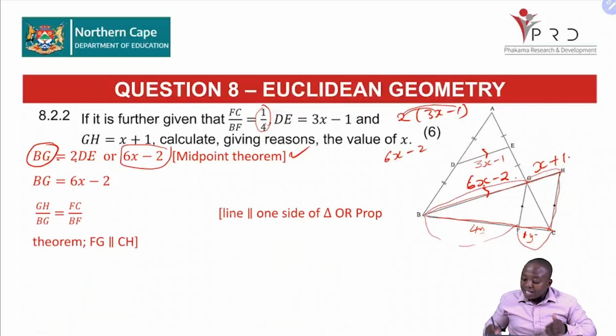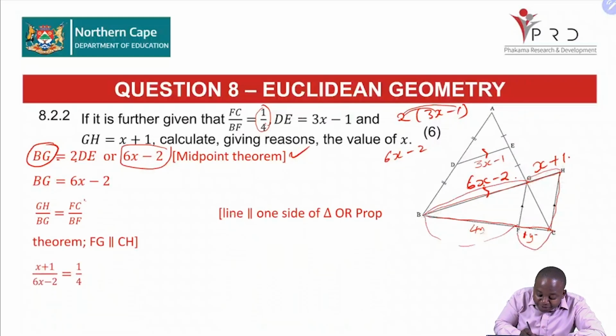And you must tell us in the proportionality theorem which lines are parallel, which is FG parallel to, in this case CH. Then what do we now have? We know that FC over BF was already given to us as 1 over 4. So there's no need to work with those variables there because we already have the values on that side. It's 1 over 4.